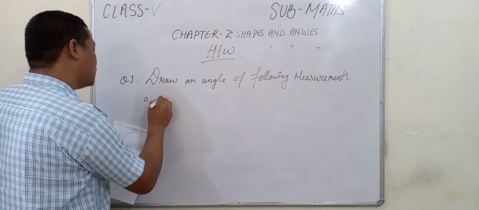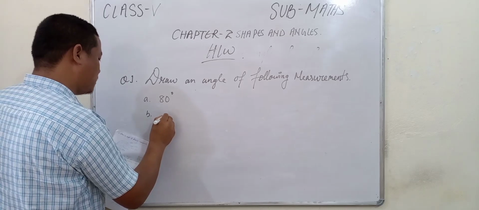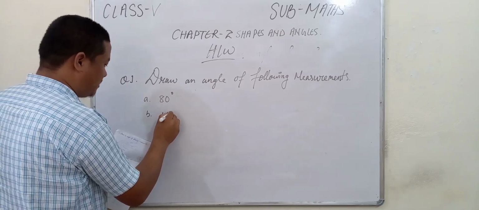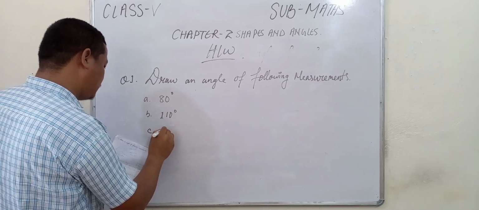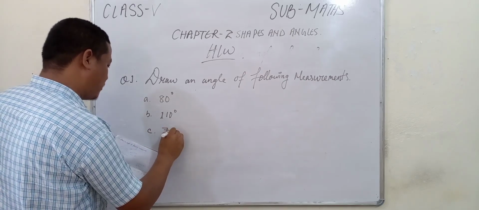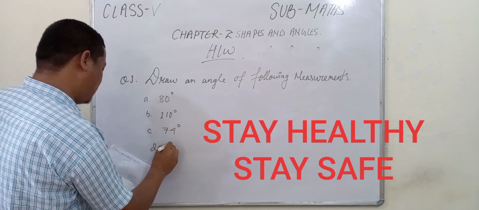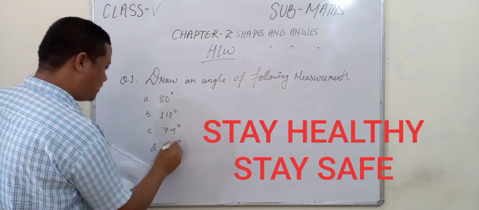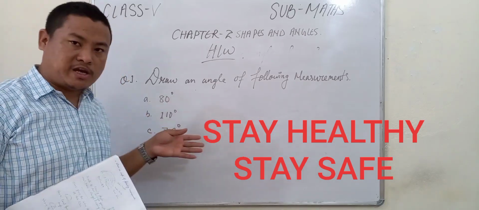A, 80 degrees; B, 110 degrees; C, 74 degrees; and D, 90 degrees. Okay children, this is your homework which you have to practice at home.